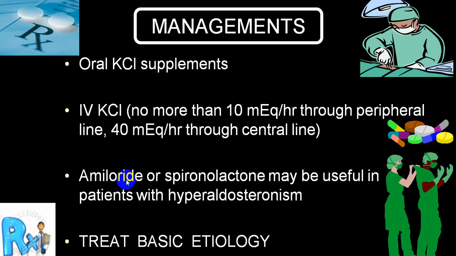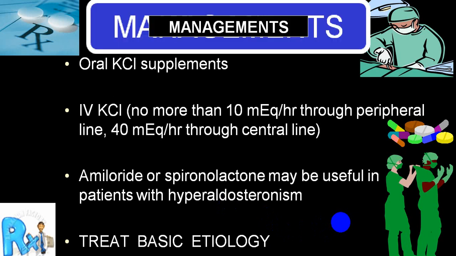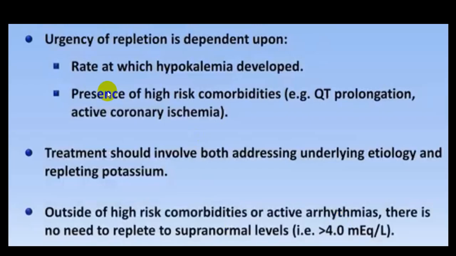By and large, amiloride and spironolactone will be very useful in a person with hyperaldosteronism. And try to identify the basic etiology, and if it is treatable, treat the basic etiology. Urgent replenishment of potassium is required if hypokalemia is developing very fast, or if the person is at very high risk because of QT prolongation or active ischemia.